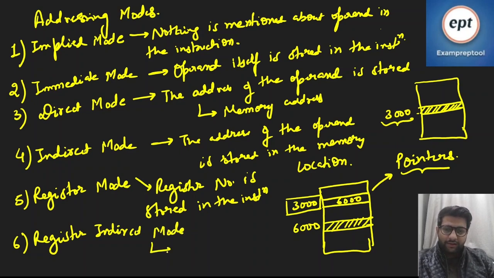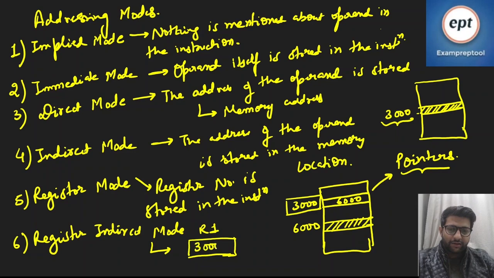Here the address or memory location will be stored inside the register. So let's say this is register number 1, and our operand is stored at memory location 3000. So this register will store the value 3000. This is the register indirect mode.